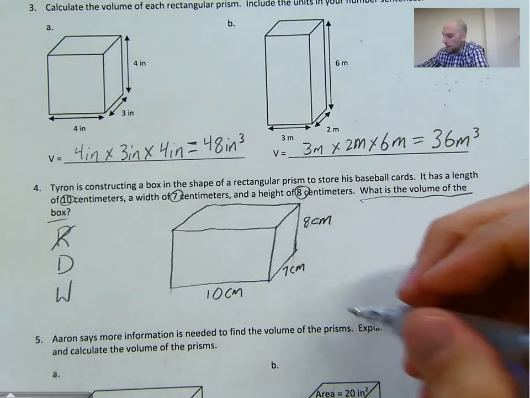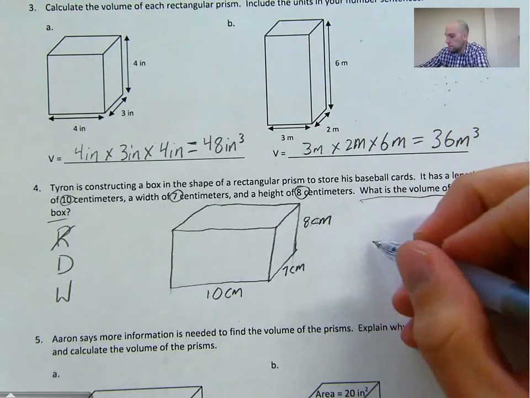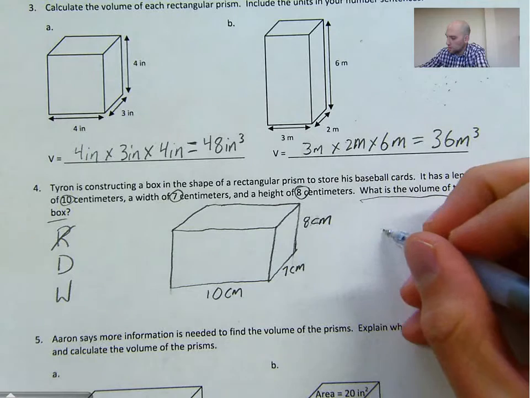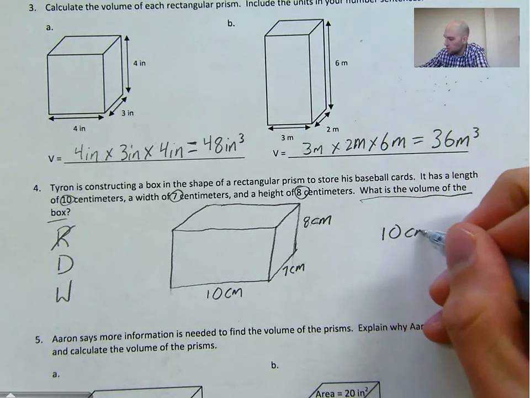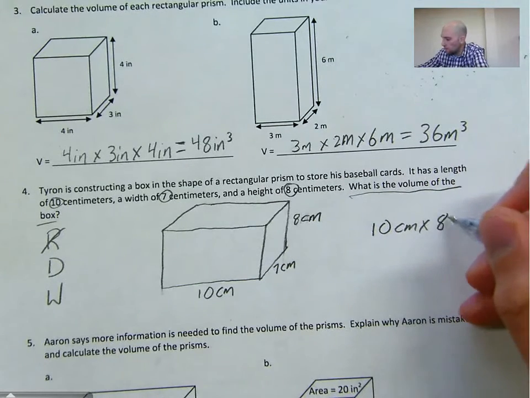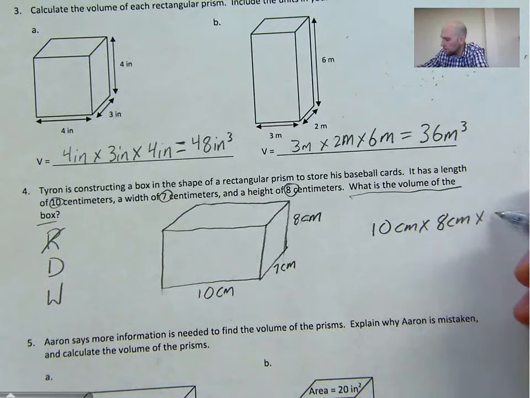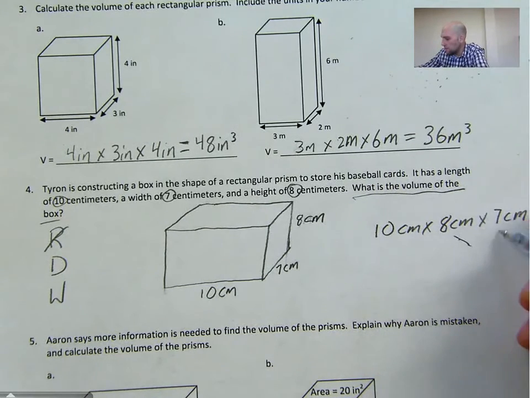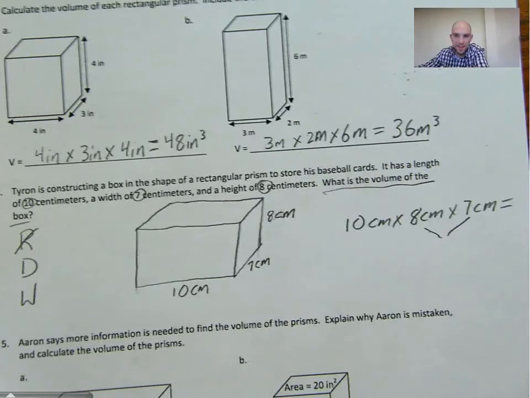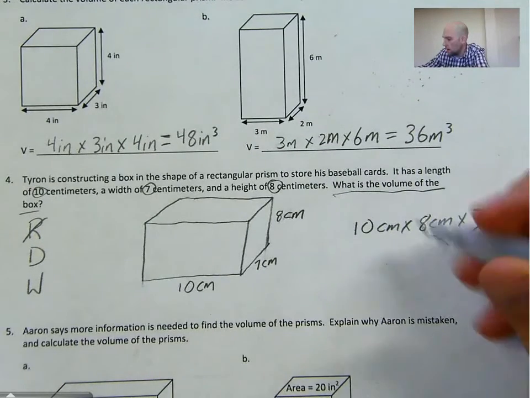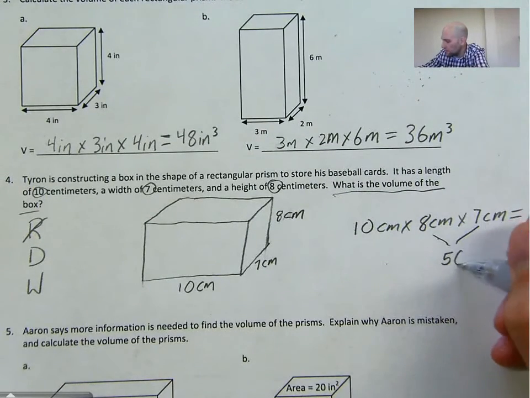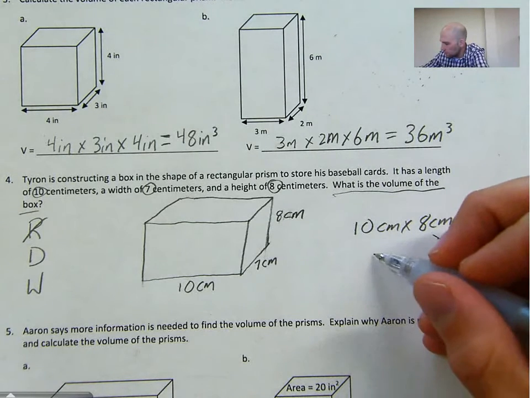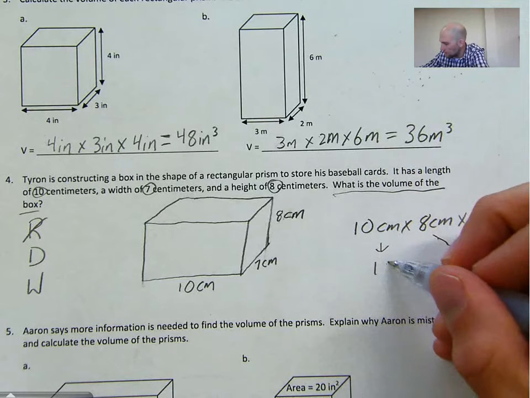And what is the volume of the box? Well, I have to do length times width times height, 10 centimeters times 8 centimeters times 7 centimeters equals, and I'm going to do 8 times 7 first because that'll be easy to multiply by 10 afterward. So I'll do 8 times 7, which is 56 centimeters squared, times, I'm going to bring this down, 10 centimeters.